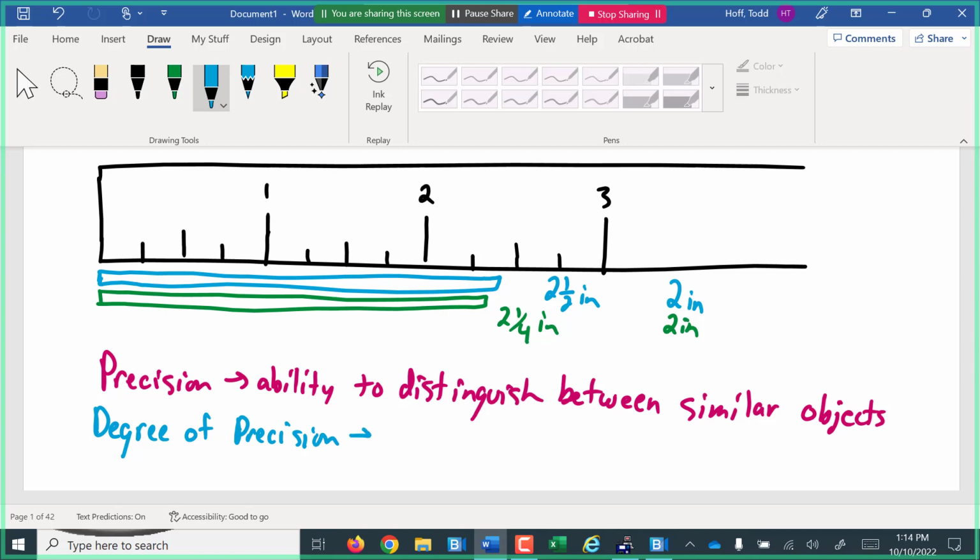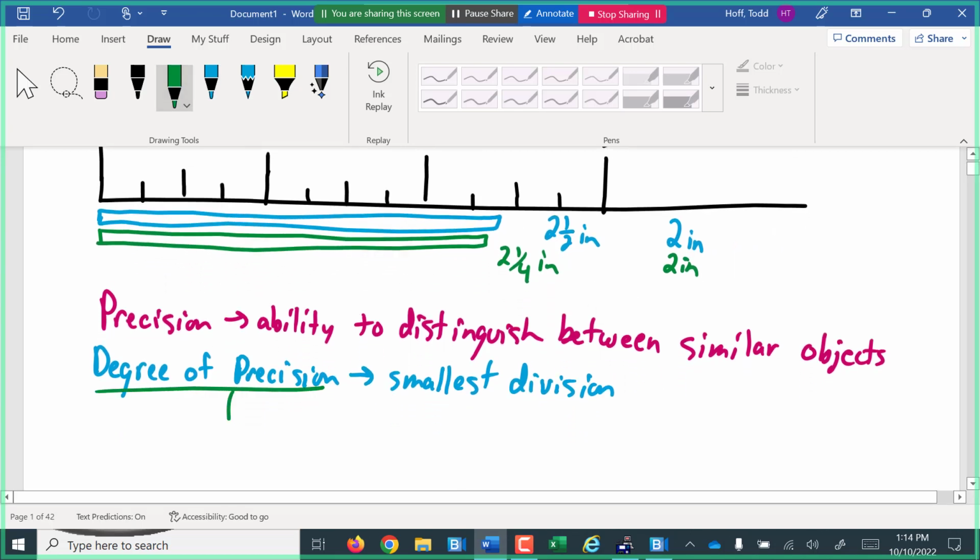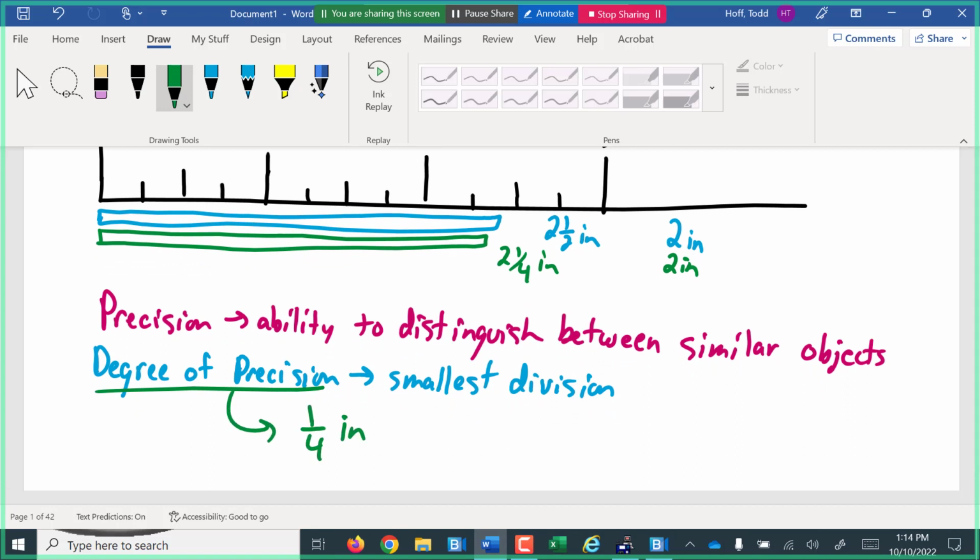And the degree of precision is simply equal to the smallest division on the device. So for this ruler, the smallest division is 1/4 inch. So the degree of precision is 1/4 inch. It is capable of measuring to the nearest 1/4 inch.